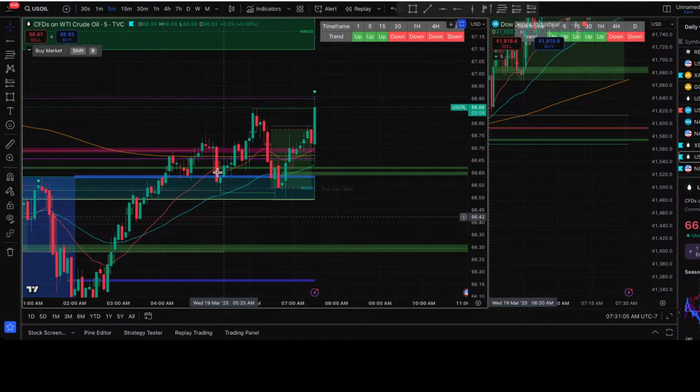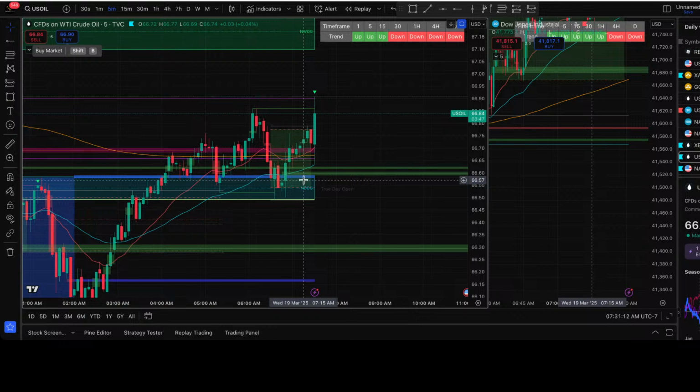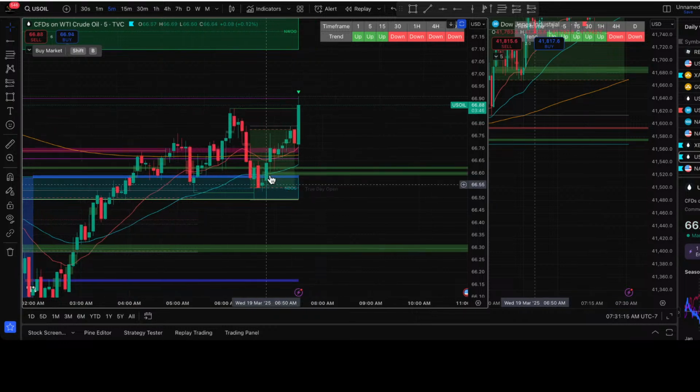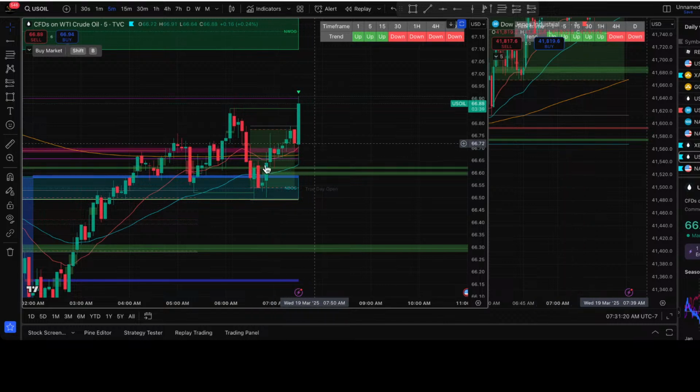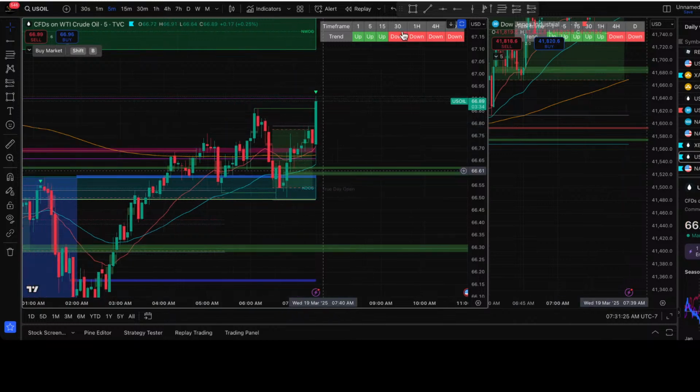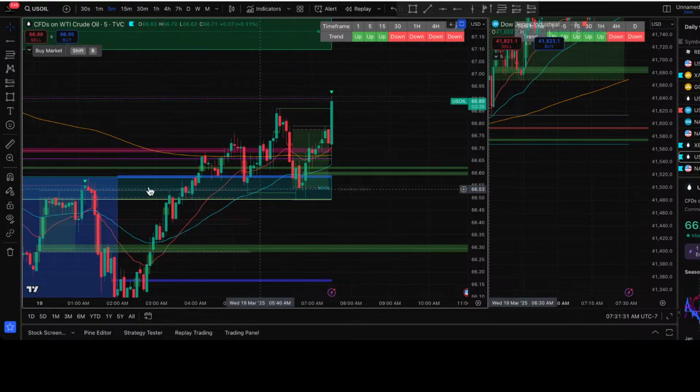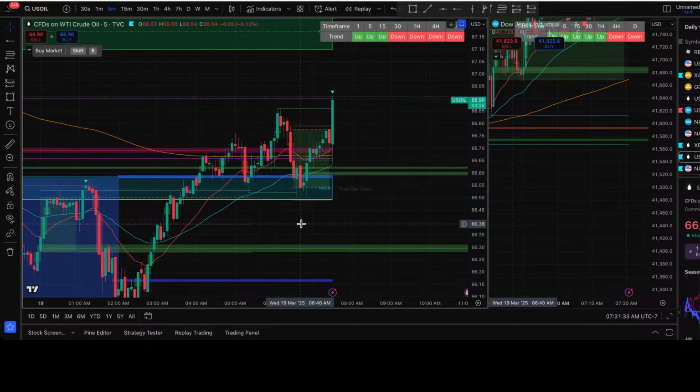So even though we did manipulate down, bounce off the end dog and the blue zone, and it left a 5M fair value gap right there as well, right by the blue zone, it never tapped it. So this is not an entry I would have ever got, because on top of everything else, it's actually against my bias. So my bias going into this session was bearish.